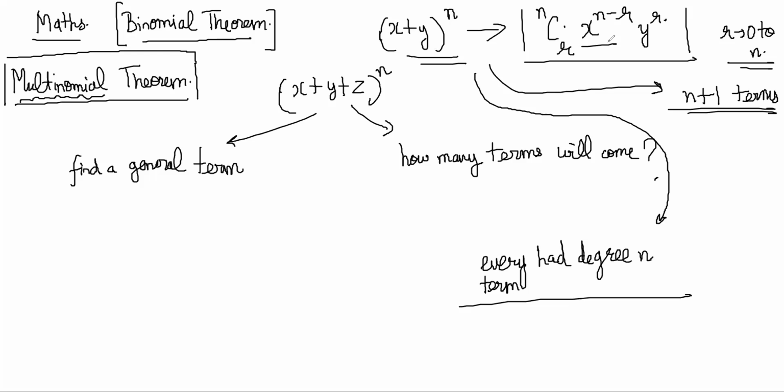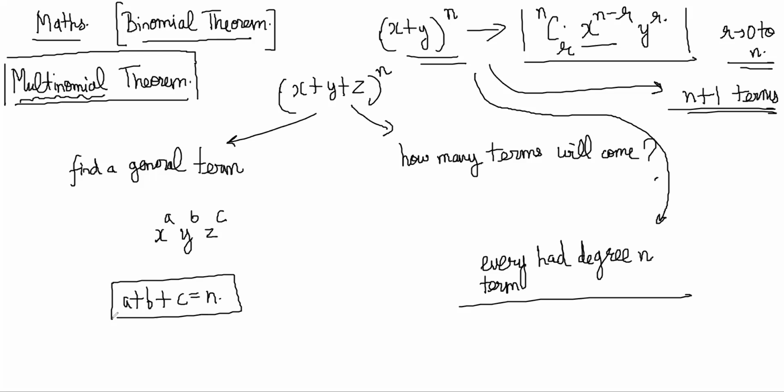So the first thing that we will see here is that if I want to write some coefficient times x power a, y power b, z power c, then obviously a plus b plus c must be equal to n, right? That has to happen. You will never get a situation where a plus b plus c is not equal to n.